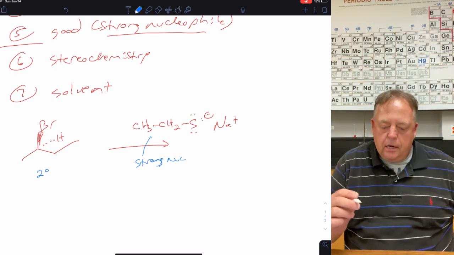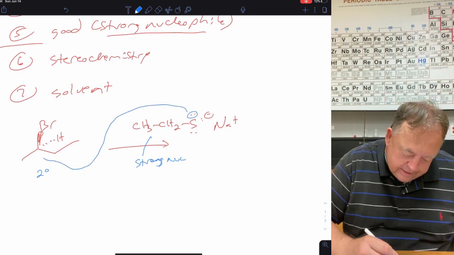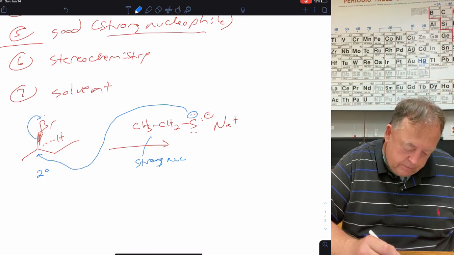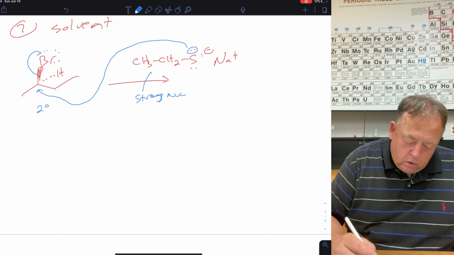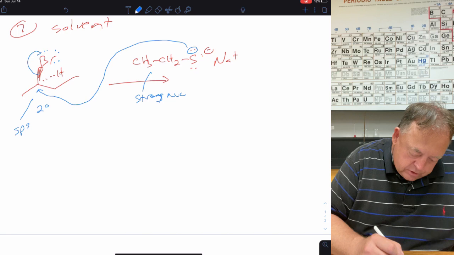So what's going to happen in an SN2 is this sulfur is the nucleophilic atom. It's going to attack the carbon that's got the leaving group, and you're going to break the carbon-bromine bond. This is sp3 hybridized, so it's tetrahedral.